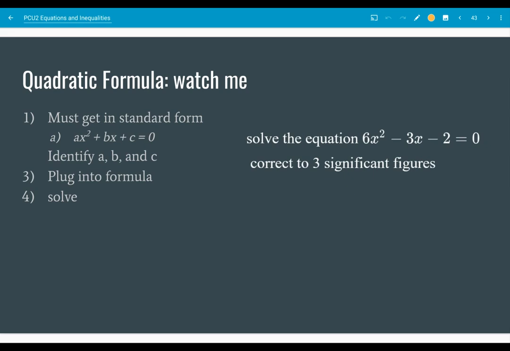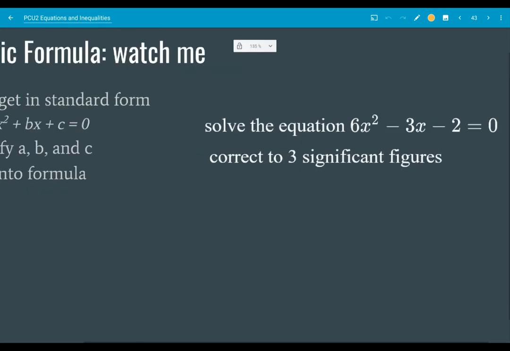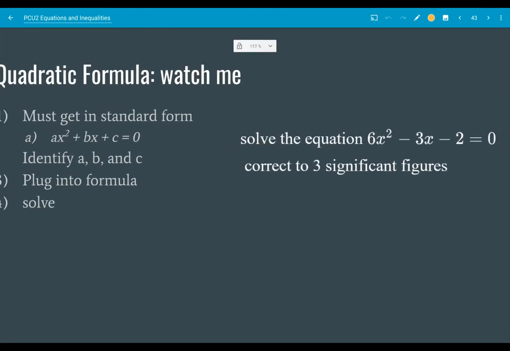So here's one. We first have to make sure it is in standard form. Standard form is also known as intercept form, because C is the y-intercept.